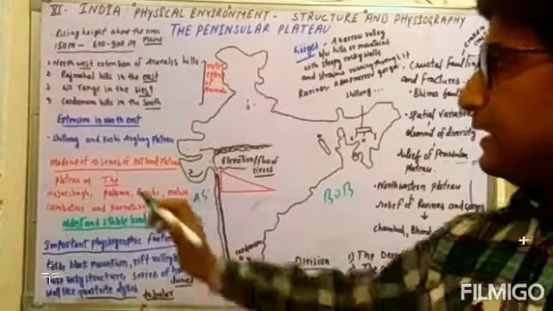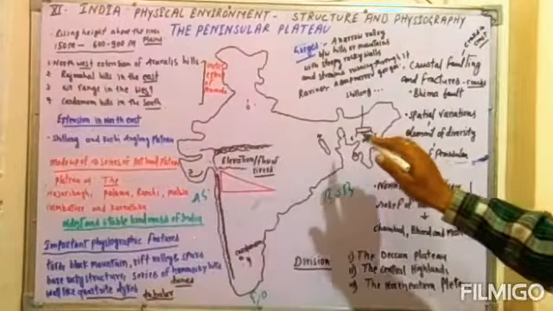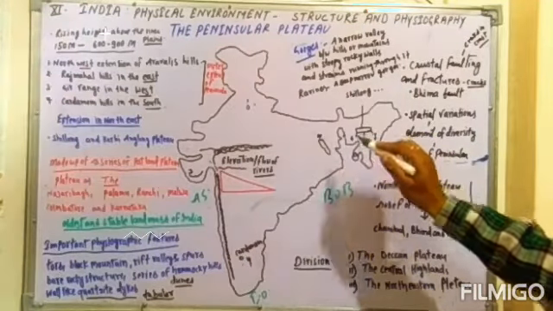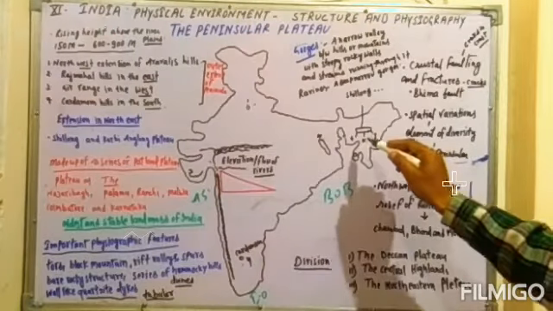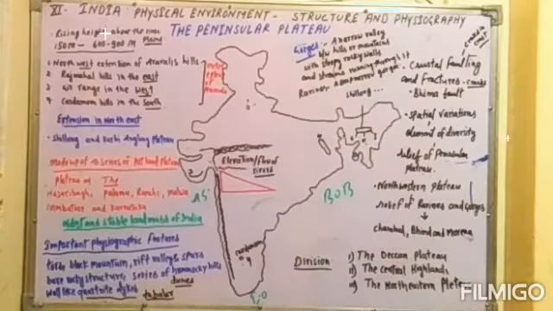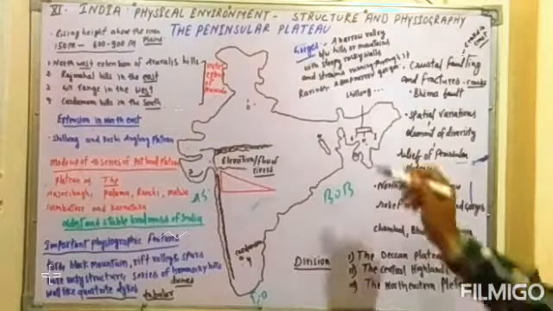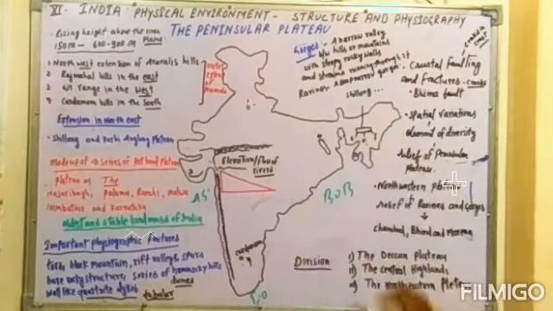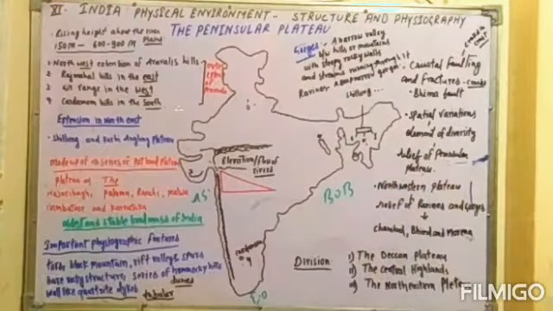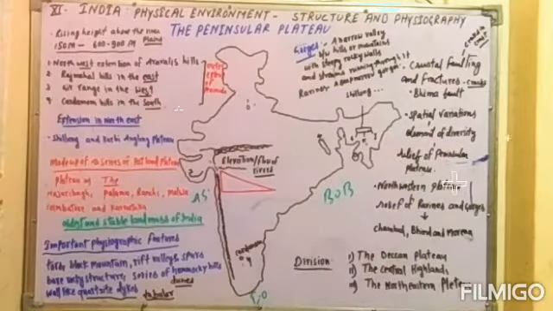Now we will see the Shillong and Karbi Anglong plateau. There are three types of hills: the Garo hills, the Jaintia hills and the Khasi hills. In the western direction are the Garo hills, in the middle part the Khasi hills, and in the eastern direction the Jaintia hills.